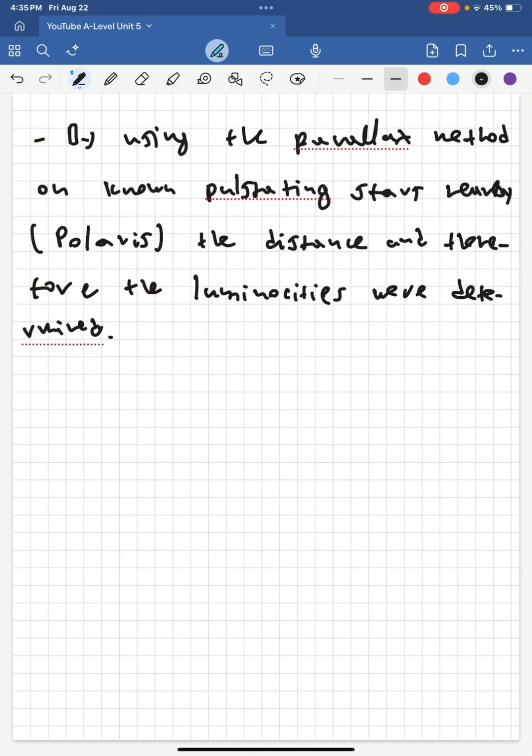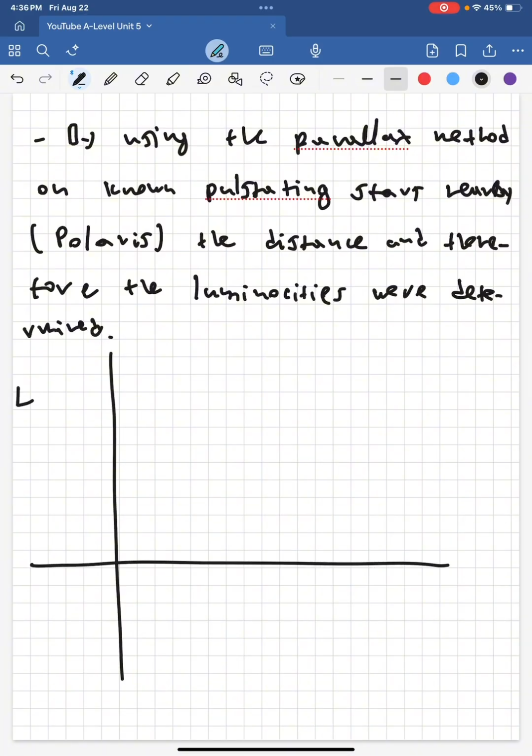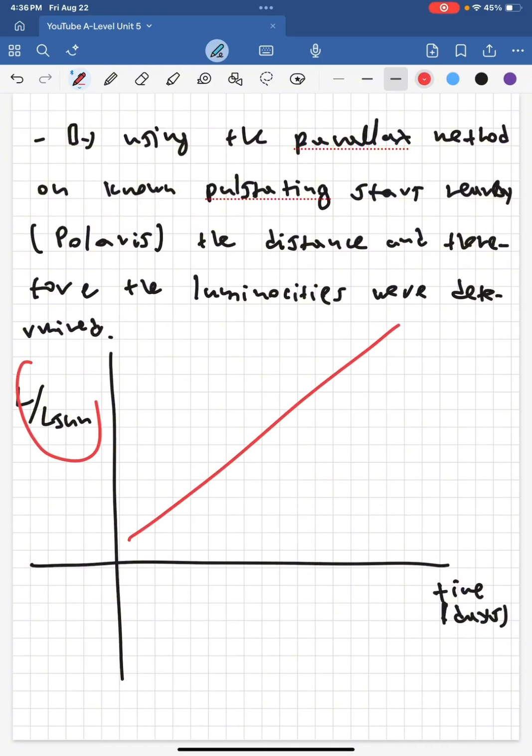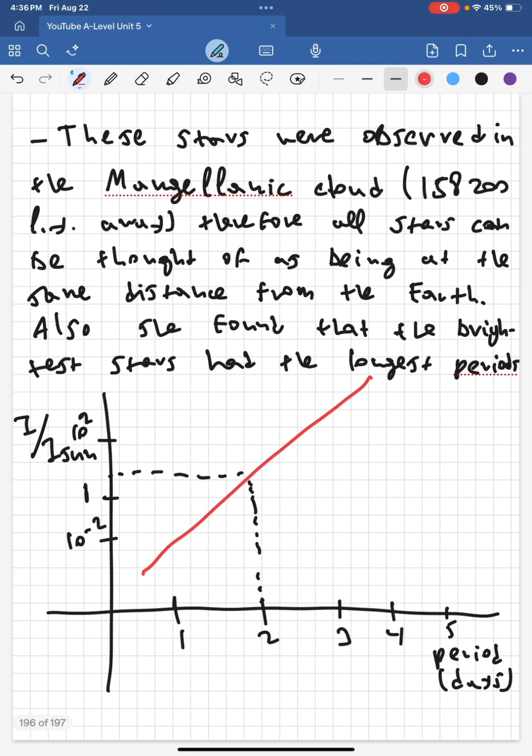So what I'm trying to say is that by finding the distance to nearby Cepheid stars in our solar system, say, they were able to establish a graph that looked like this. L over L of the sun versus time in days. Okay, so they were able to establish this plot pretty much, okay? Because it's the luminosity that you need to find distances, right? Because all you measure here on Earth is the intensity of radiation.